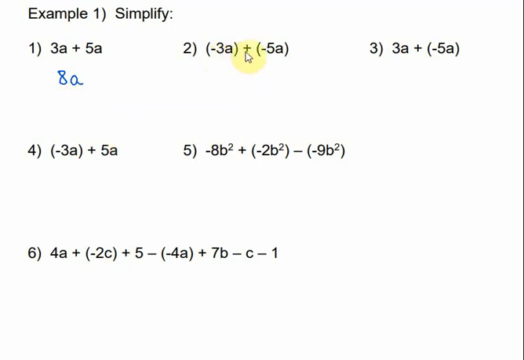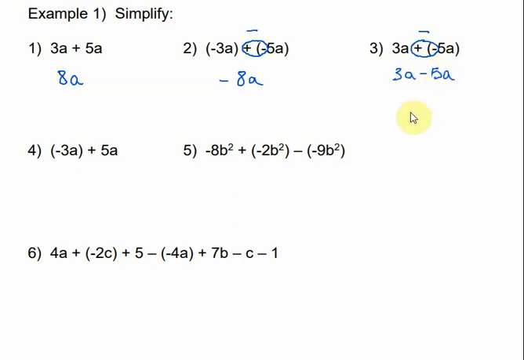Okay, negative 3a plus a negative 5a. All right, so if I put these two signs that are next to each other together, a positive and a negative is a negative. So that's negative 3a and negative 5a. They have the same sign, so we add them together. We use the sign of the biggest number, so it's a negative 8a. Again, a positive and a negative make a negative, so that's 3a minus 5a.